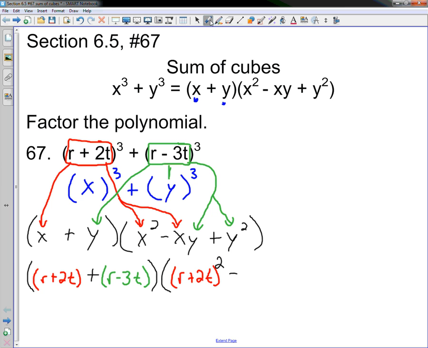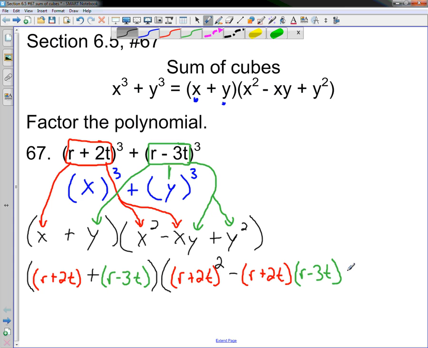Minus my x value, which again is r plus 2t, times my y value, which we said was r minus 3t, plus my y value squared. My y value is r minus 3t. So r minus 3t squared. So we've plugged everything in.